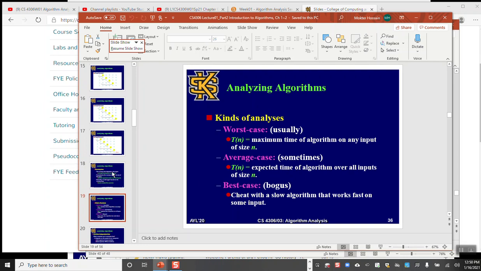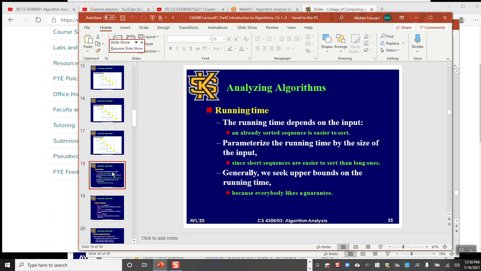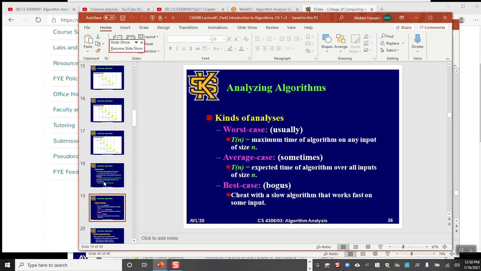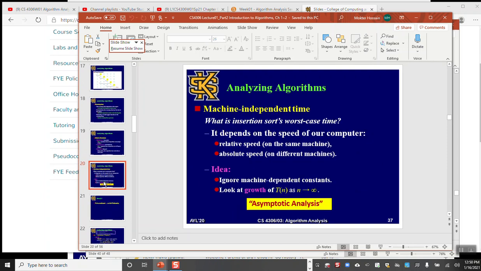As we discussed in our last lecture, we analyze algorithms based on parameters. The parameters are the number of variables that are used in the algorithm. Another thing is that we will analyze our algorithm using asymptotic analysis.